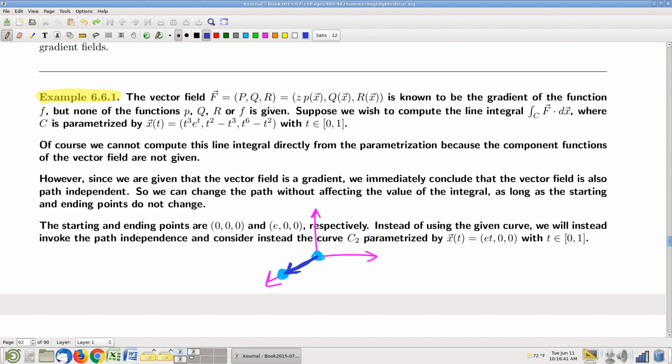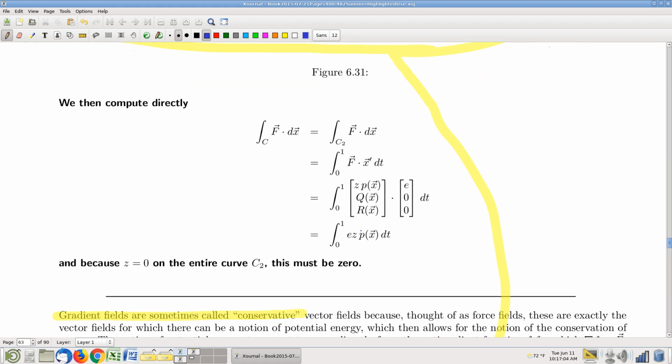And it's easy to parameterize. You could parameterize instead by t, z, t, 0, 0, and then have t go from 0 to e. Suit yourself. Okay, so let's do that and see what happens to our parameterization.